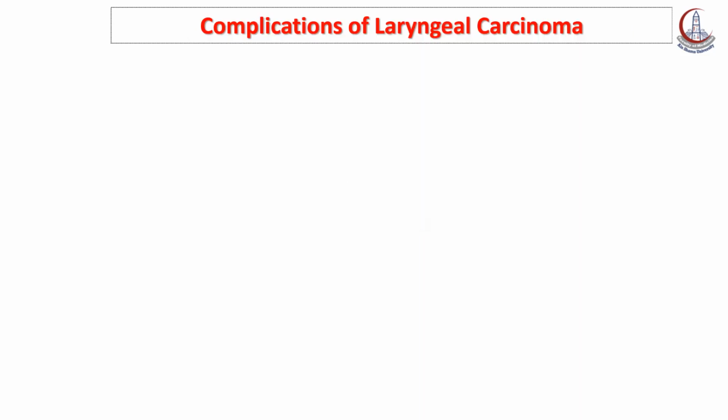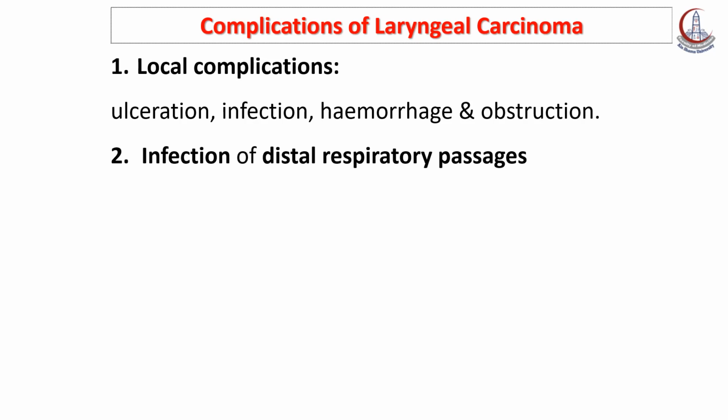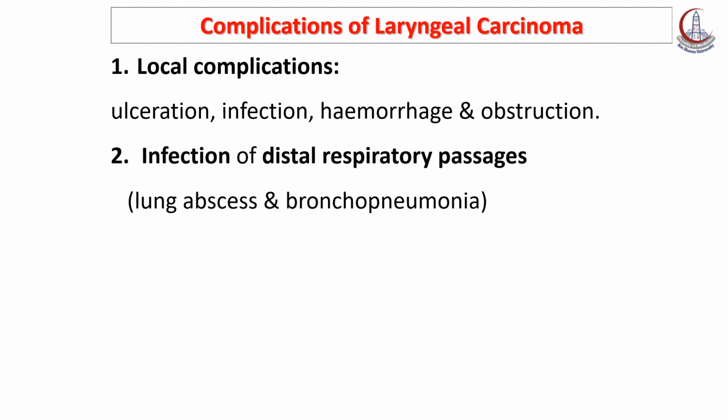The complications of laryngeal carcinoma: locally, the mass can ulcerate, and infection, hemorrhage and obstruction can occur. Infection of the distal respiratory passages, like lung abscess and bronchopneumonia, can also occur.